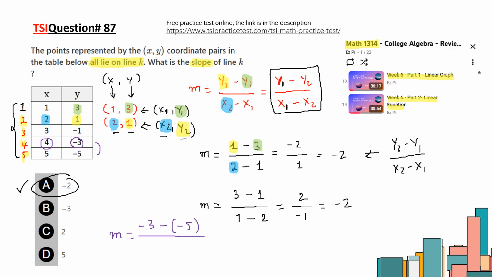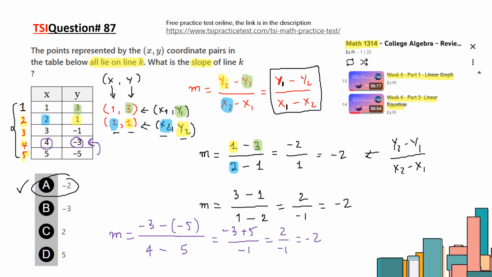Negative 3 is the value of y1, here. So we have 4 minus 5. Now we have negative 3 plus 5 over negative 1. 2 over negative 1, that's negative 2.